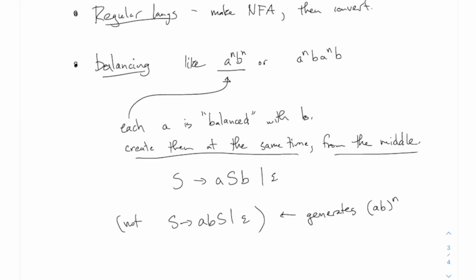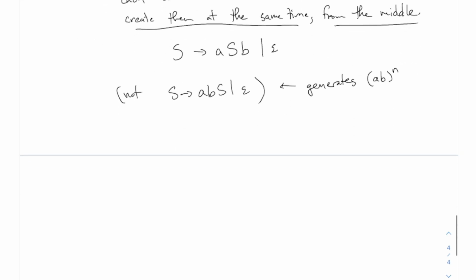So, for example, can we try them? How about, let's try a to the n, b to the 2n. All right? I want to think of this in terms of balancing also. And the way that I think of this is each a balances with bb, right?